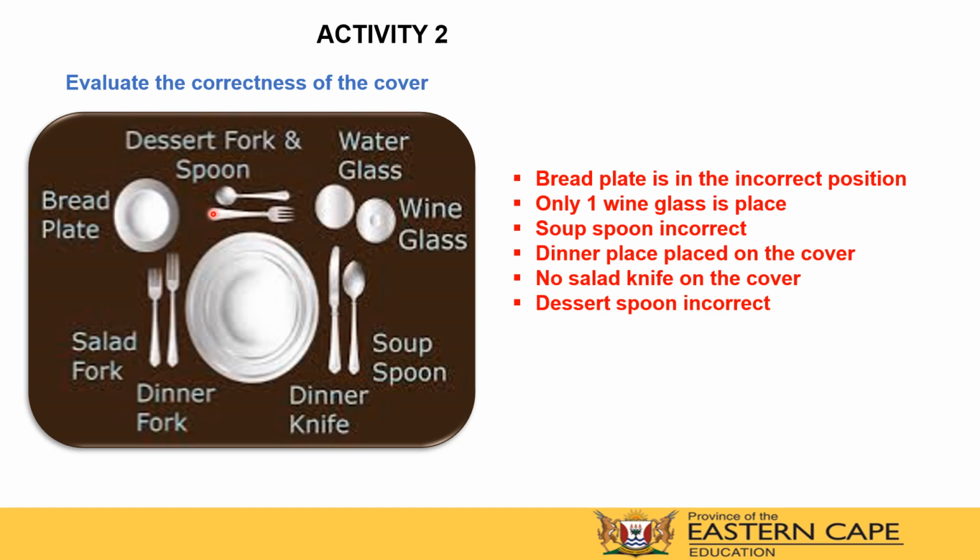Yes, this looks more like a teaspoon, so we know that you need a dessert spoon, and that does not look like a dessert spoon at all. You can also add here, if we can assume that this is the edge of the table, that there is not 1 centimeter to 2.5 centimeters from the edge of the table.